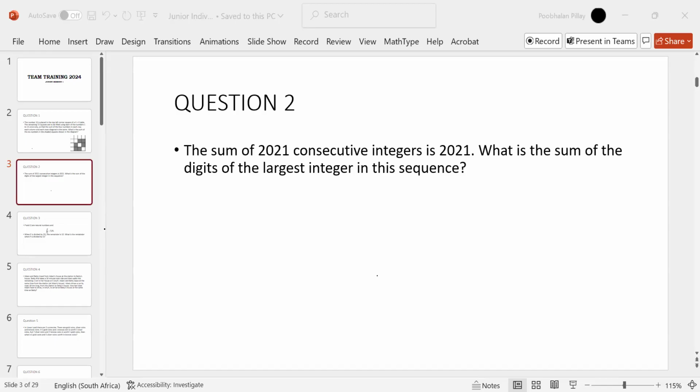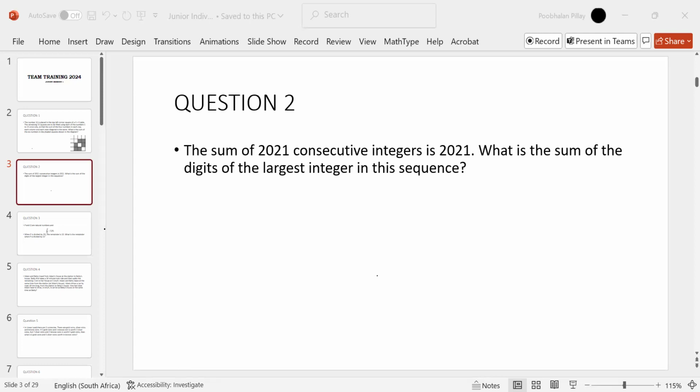Okay, so all we know is that they are consecutive for the starting point. Now there's a little background to this. How do you add consecutive numbers, or how do you add so many numbers? We don't even know how many numbers there are.